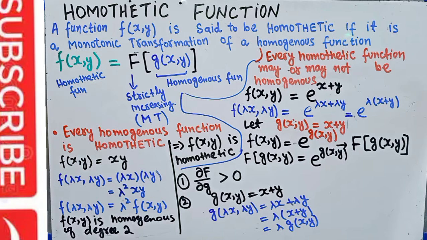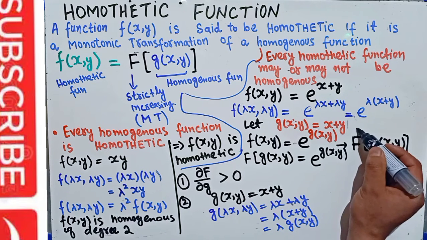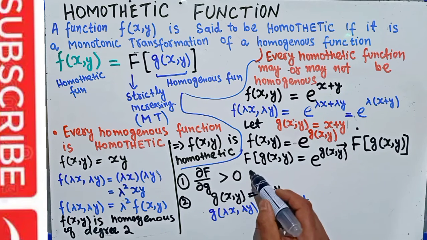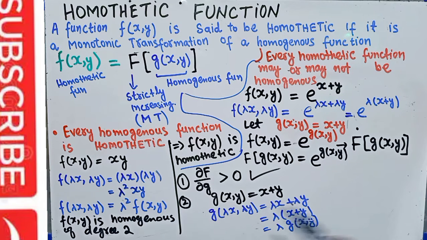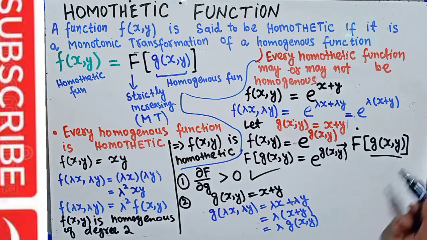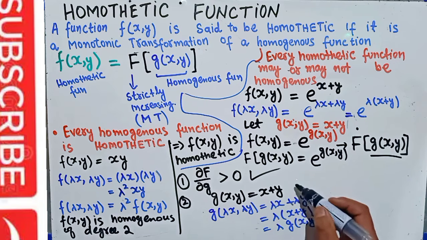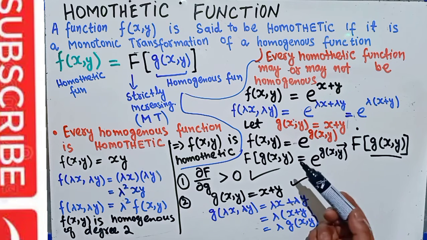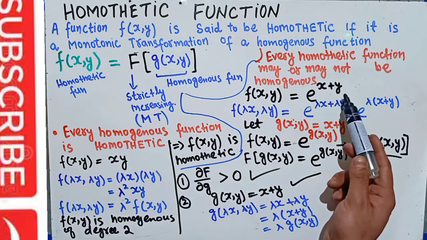So we got both the things. That means this f is a monotonic transform, strictly increasing, of a homogeneous function g. Then we conclude that this function is homothetic.